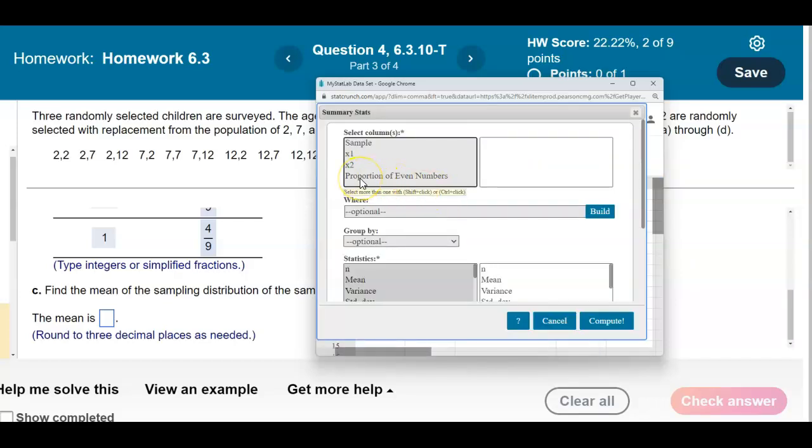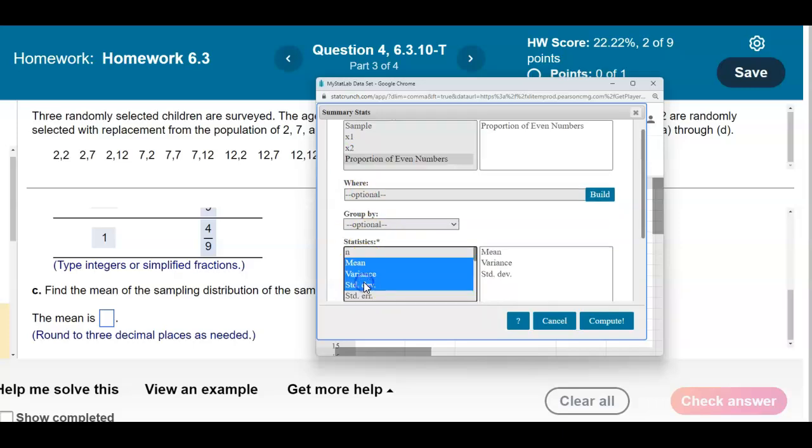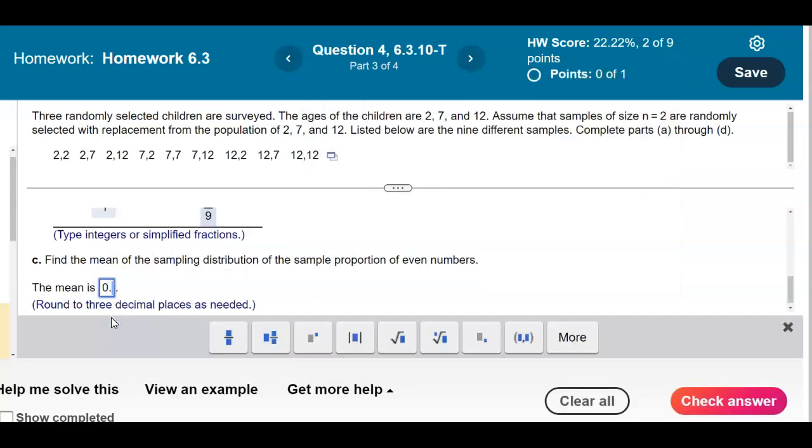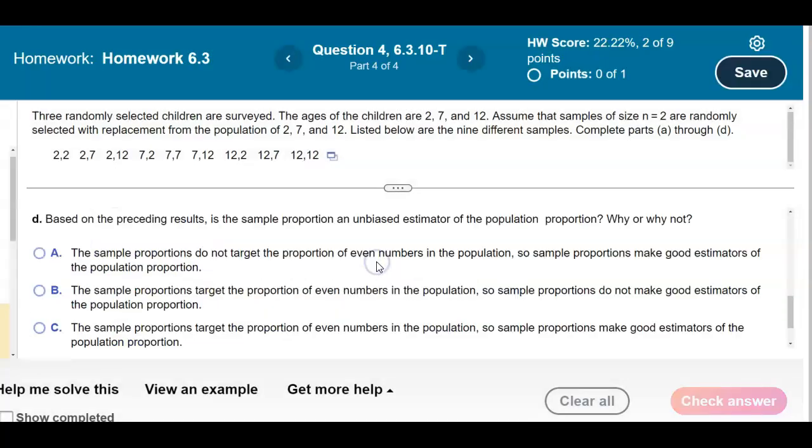Then we select the column that says proportion of even numbers, and we want to find the mean of that. Let's select the mean, and then select Compute. So here we get 0.6666667. We want to round this to 3 decimal places, so we get 0.667, and therefore we get that answer.